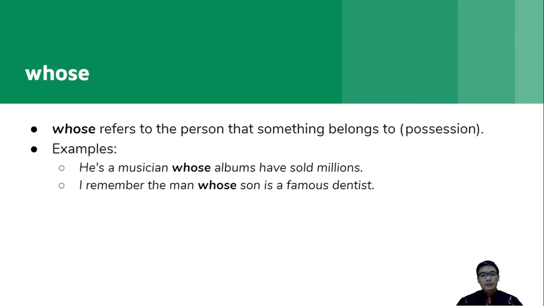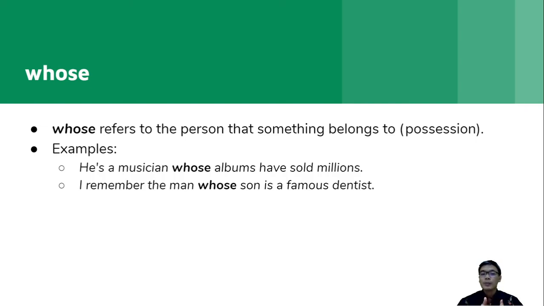The last one, we use whose to refer to the person that something belongs to, to show possession. Whose here is used to substitute his, her, their. Remember, to show possession. He's a musician whose albums have sold millions.